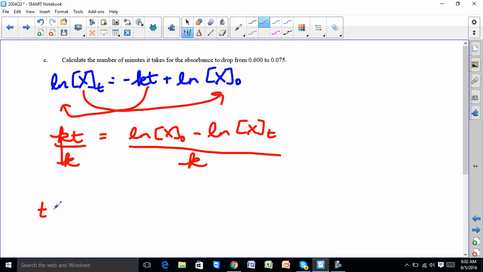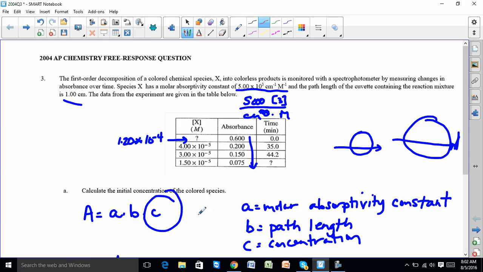And so what I'm going to just plug in is what was the concentration at the beginning. Time is 0. That's what we solve for in A. It's 1.20 times 10 to the negative 4th. And then I need to subtract this time that we're looking for. What's the concentration when the absorbance is 0.075?